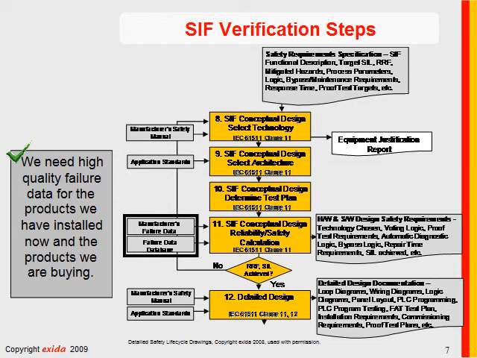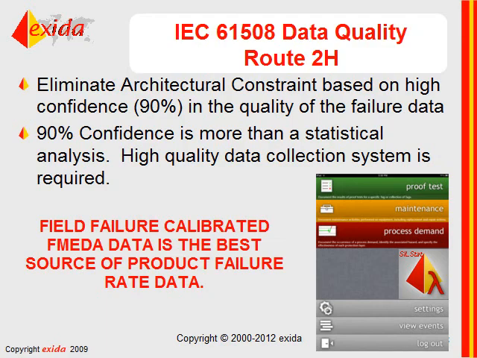Where do we get good failure rate data? There are a number of sources available, but data quality is important. The new version of IEC 61508 even has specific statements about data quality, allowing a SIL verification designer to not even consider architectural constraints if the data is of sufficient quality.